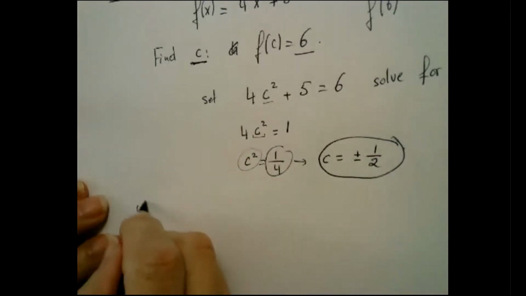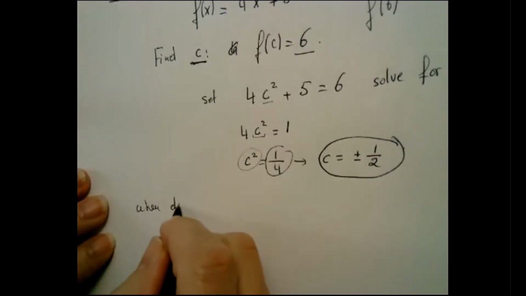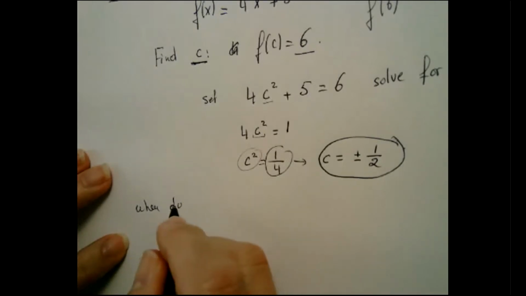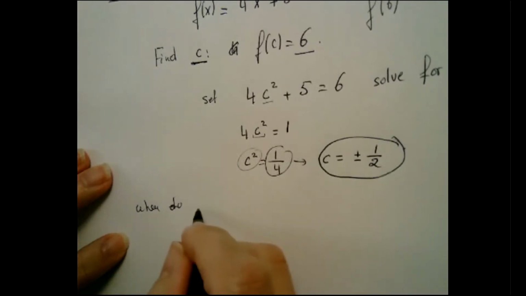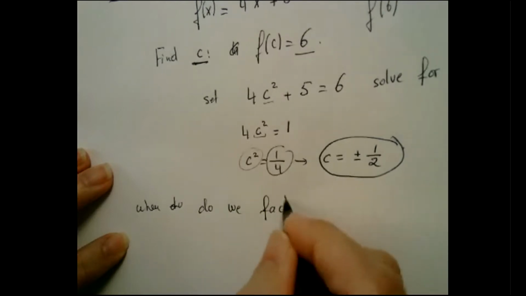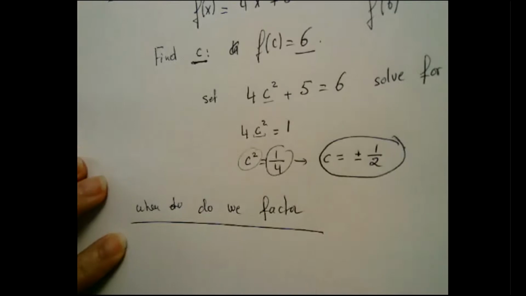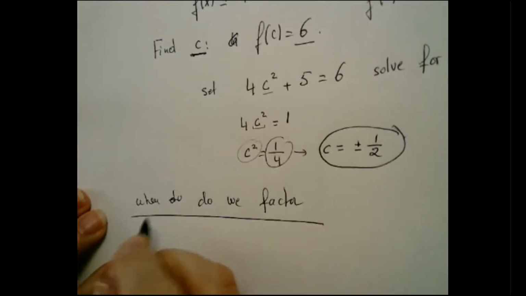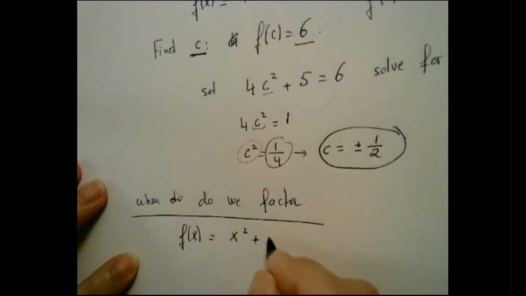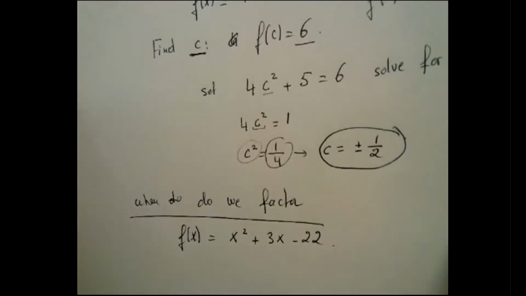Now, when do we factor? A lot of students factored very well, but I have to make a comment. When do we factor? Okay. Let us say I have the following problem. Suppose I tell you my function f of x is x squared plus 3x, I'm just making up something, minus 22, something like that.